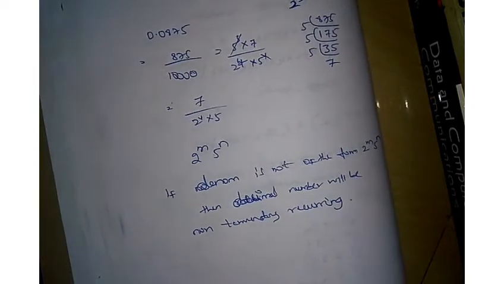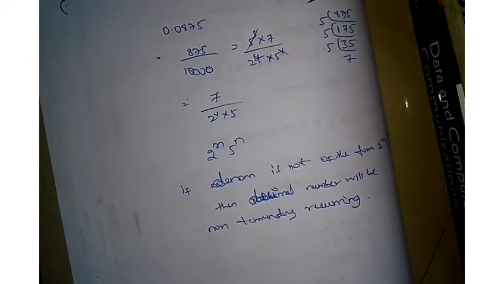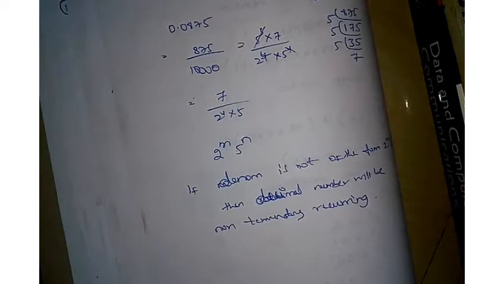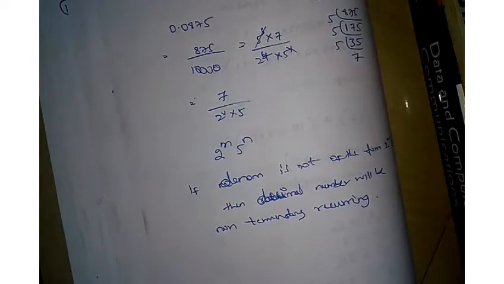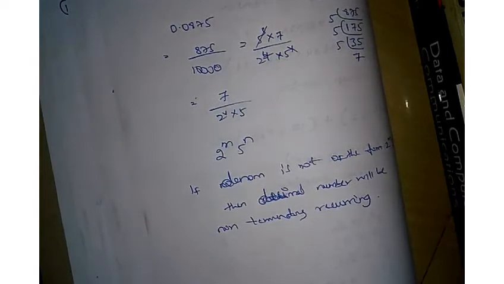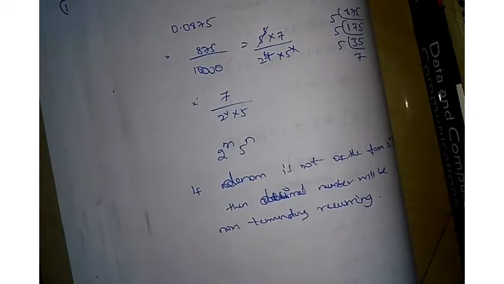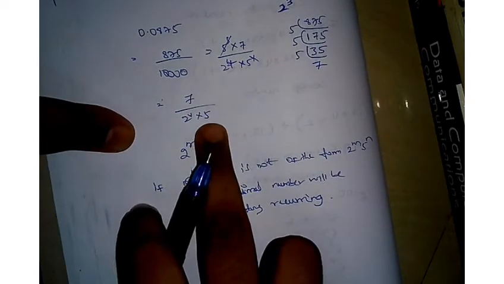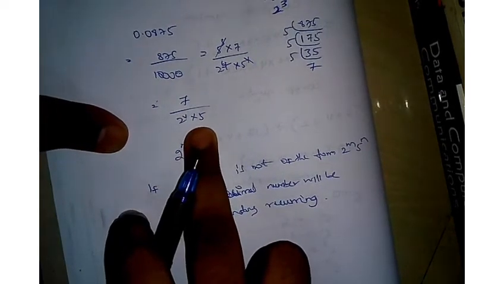Next, let us see theorem 1.4. Let x equal to p by q be a rational number such that the prime factorization of q is of the form 2 power n into 5 power m, where n and m are non-negative integers. Then x has a decimal expansion which terminates. That is, if the denominator can be expressed in the form 2 power n into 5 power m, then this rational number will have a terminating decimal expansion.